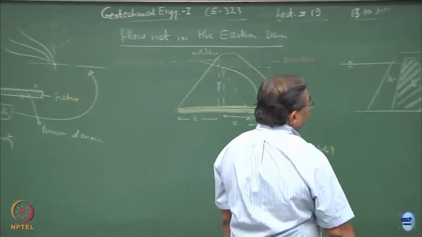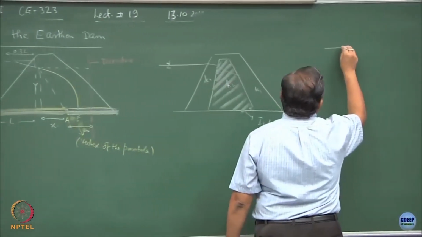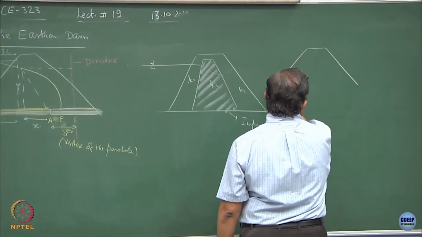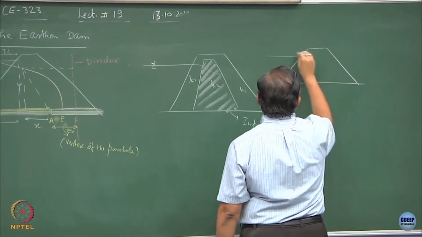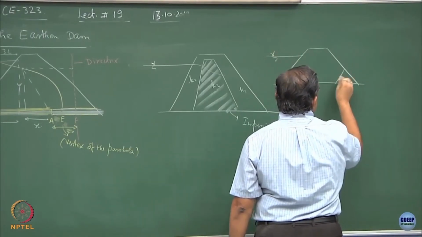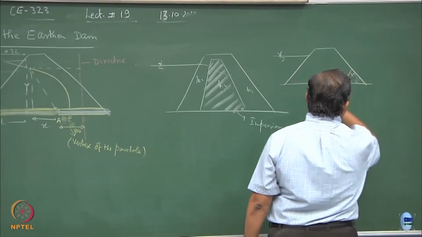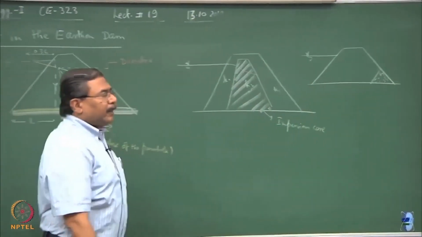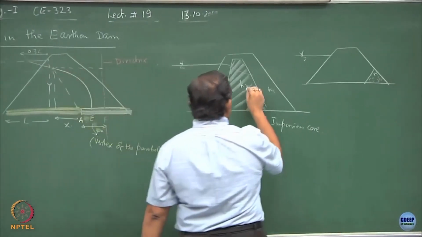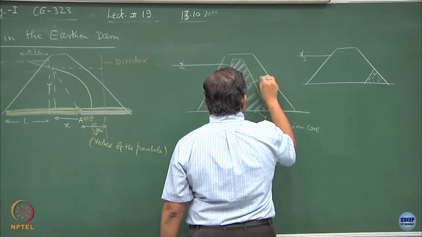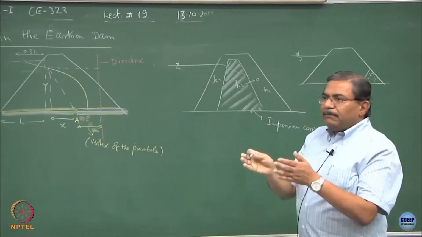Another type of interface might occur if I consider a dam where I have provided a toe filter here. In this case, K2 is tending to 0 because I wanted to make the system impervious.